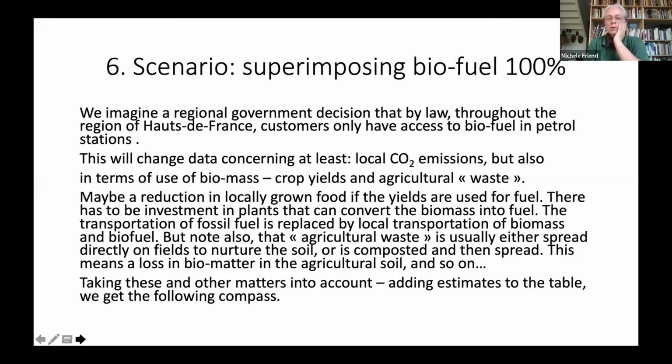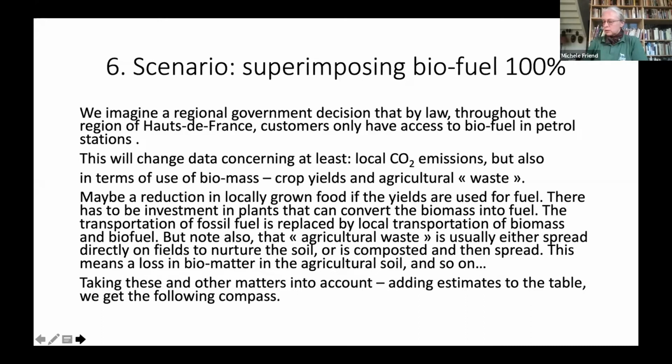So some biofuel is made out of sugar type agricultural products. Some of it is made out of biomass, that's sort of just waste. But we want to think about what are the repercussions. And there are all kinds of different repercussions, and we would add those to the tables.